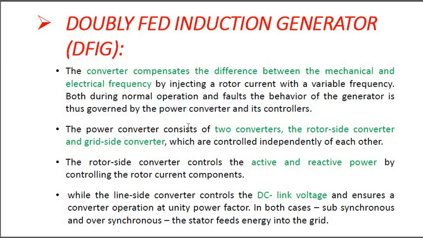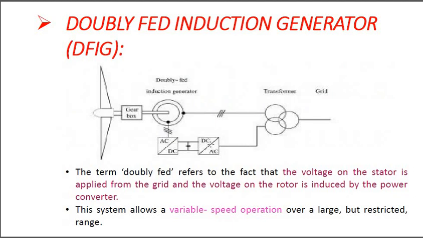The power converter consists of two converters, the rotor side converter and a grid side converter, which are controlled independently of each other. So this is the grid side controller and this is the generator side controller.